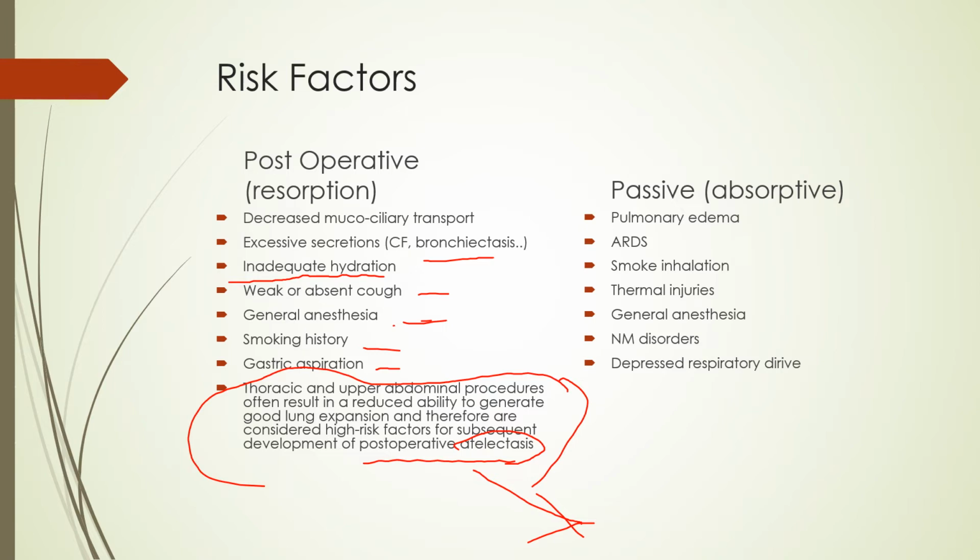And this is where you're going to be spending a lot of time doing hyperinflation therapy and airway clearance therapy with these patients that have otherwise maybe healthy lungs, and they're going to be like, I don't need this, and you're going to be like, yes you do, because you don't need a pneumonia, right?